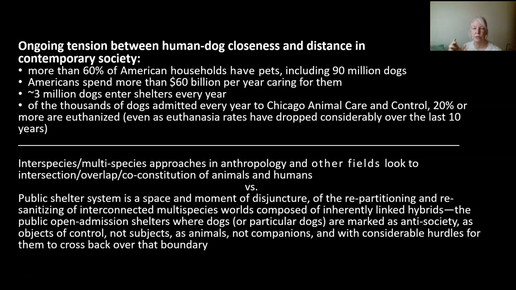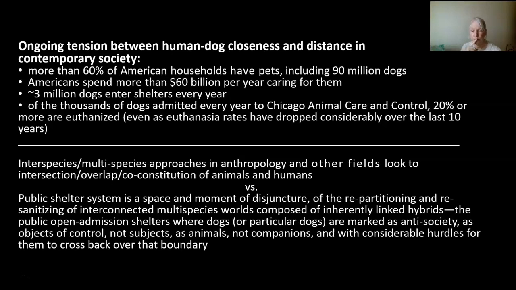So we have this real dichotomy between the image of the pampered pet who's treated like a baby and gets everything, and dogs on the street who are living under extreme duress, and then when they are taken in, 1 out of 5 or so need to be put down.